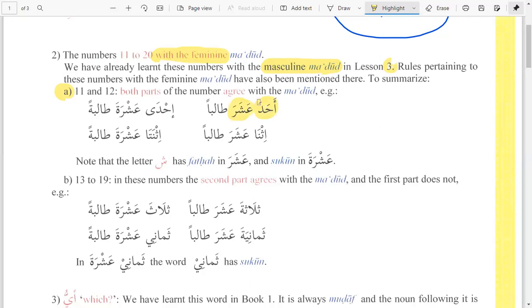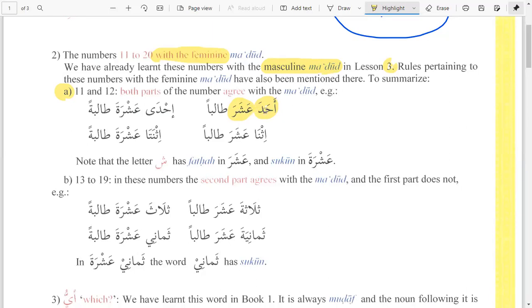We have learned that the numbers from 11 to 20 consist of two parts. Both parts of the number agree with each other, in 11 and 12.